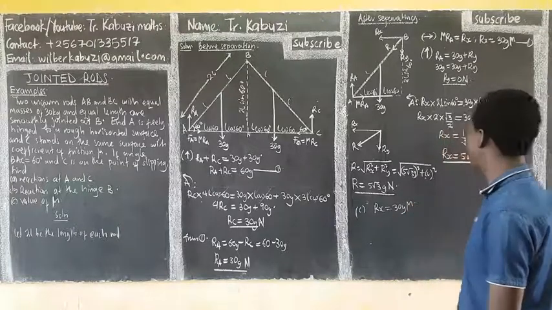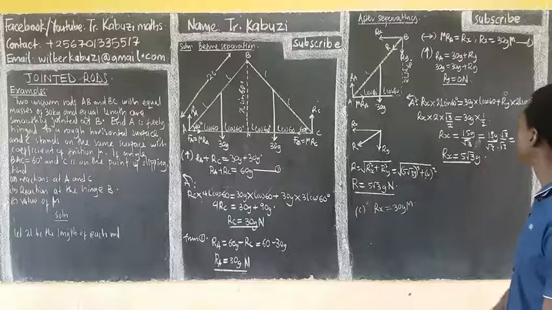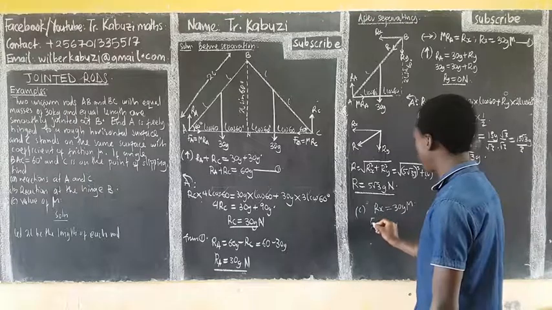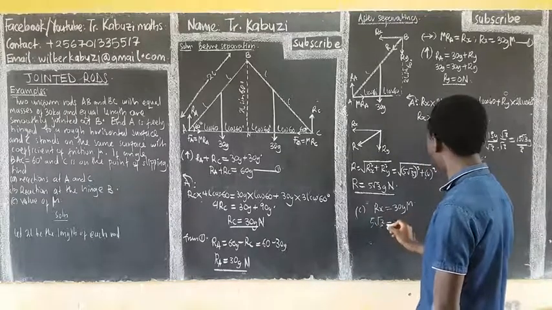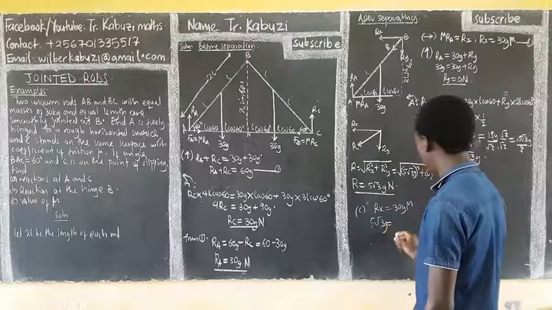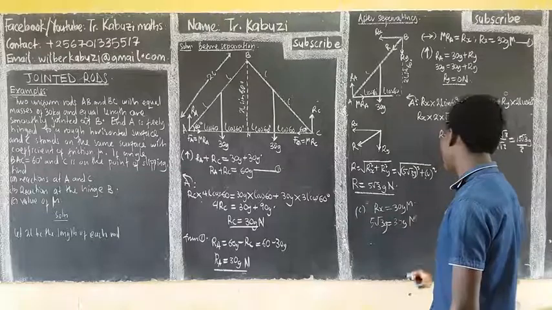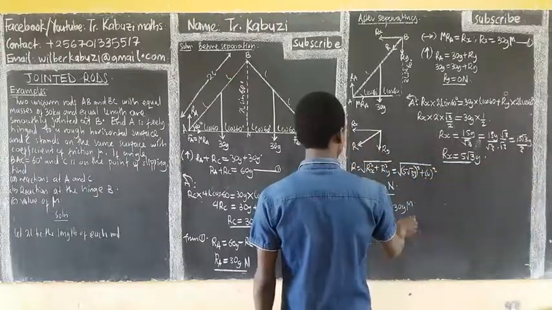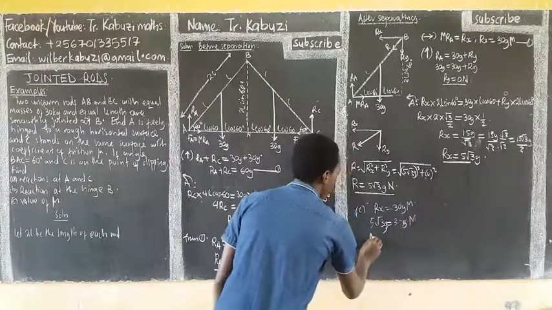My Rx is 5 root 3 D, equaling 30D mu. You see that this D is going to vanish. So our mu is going to be 5 root 3 over 30.